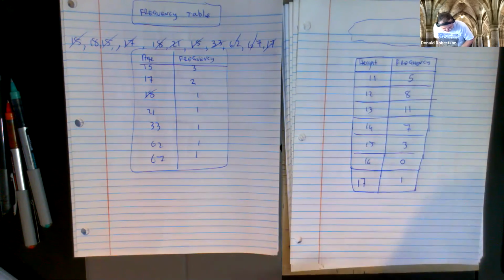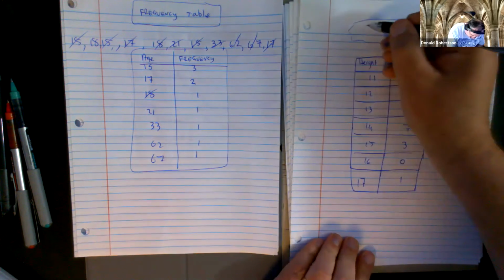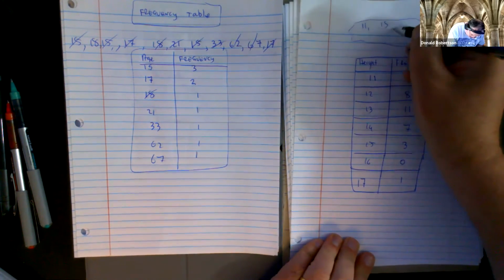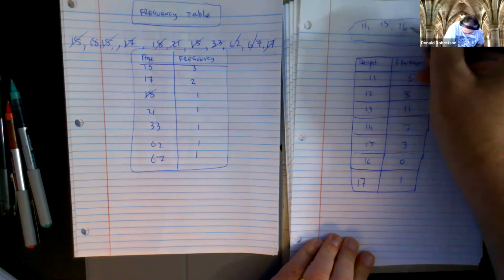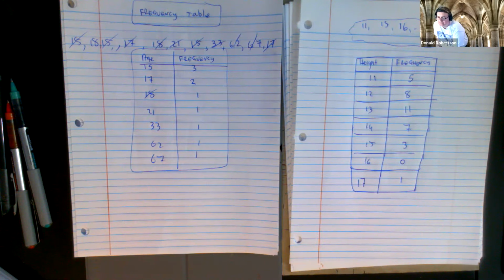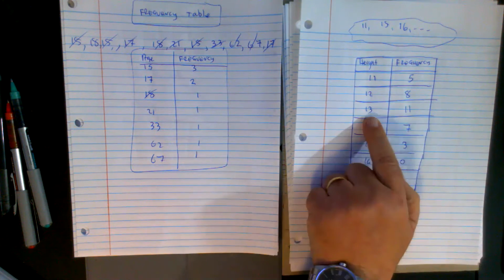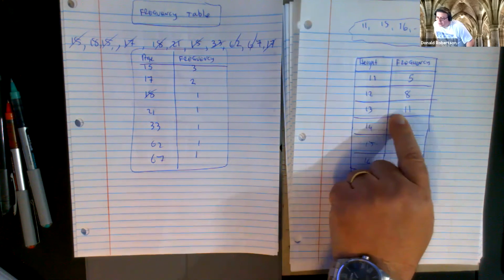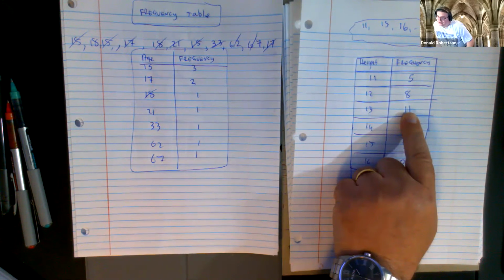Now, when I look at this, I can pick out quite a few things that I couldn't if it was just a whole load of jumbled up numbers, right? For instance, what is the most common height for a rabbit? What's the most common height based on this table? 13 inches, I'm assuming. Yeah, because it's the one that happened the most often, right?